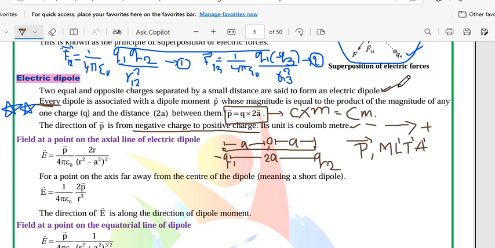Have you got the difference here? In simple way, two equal and opposite charges separated by a small distance are said to form an electric dipole, but the product of the magnitude of any one charge q and the distance 2a between them is called electric dipole moment. See, the direction of dipole moment is always from negative charge to positive charge, and its unit is coulomb meter.